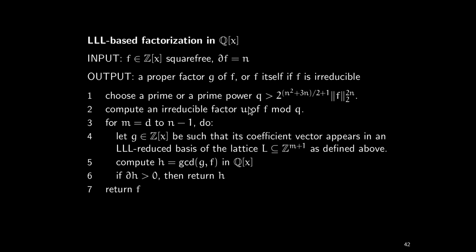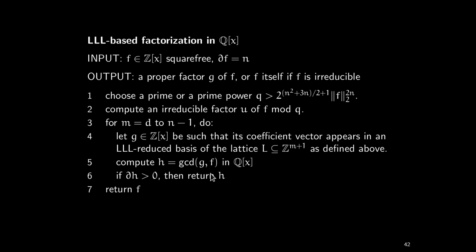Then you compute an irreducible factor of f mod q. If there is none, because f is already irreducible mod q, then you are done anyway. But if u is smaller in degree than f, then you cannot be sure that u itself is also a factor of f over the integers or over the rationals.